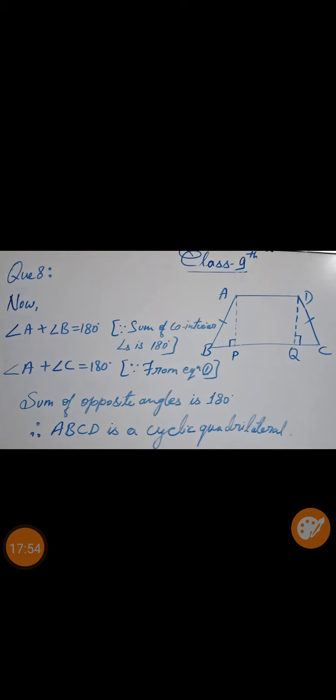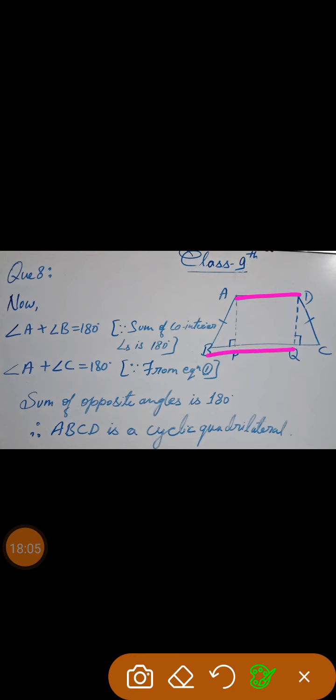Now see, angle A plus angle B is equal to 180 degrees. How? Because we know that AD and BC, these two lines, are parallel lines, and AB is the transversal. So the sum of co-interior angles, which we also call consecutive angles, is 180 degrees.